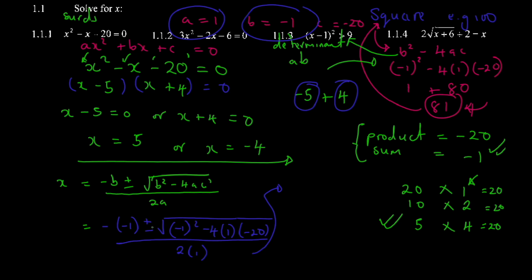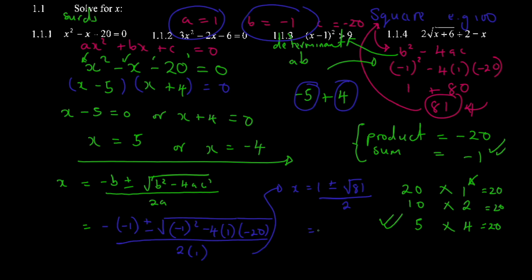So here this one will be positive, so it'd be x equal to 1, then plus or minus the square root of 1 plus 80. So it'd be 81, so square root of 81, over 2.